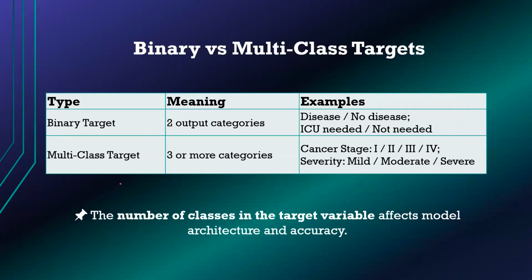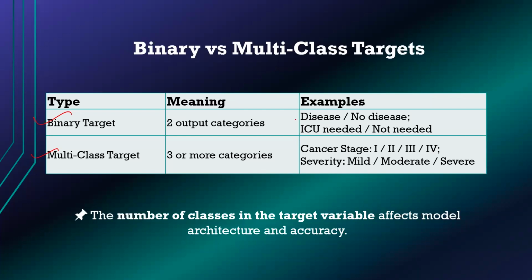There are a few further categories that you may need to identify. Practically, how you can identify them: there could be a binary target or a multi-class target. As a beginner researcher, when you are identifying your target variable, you can also check how many unique classes it has.